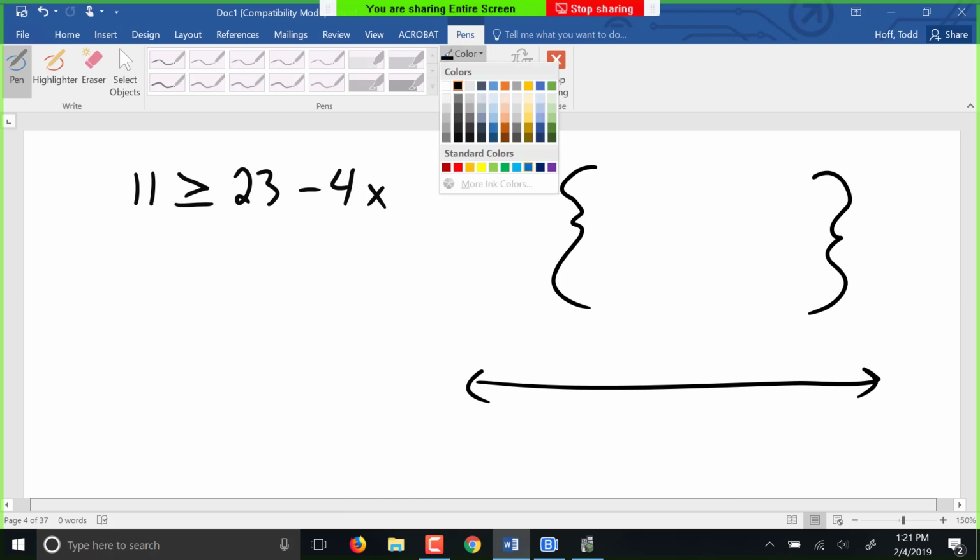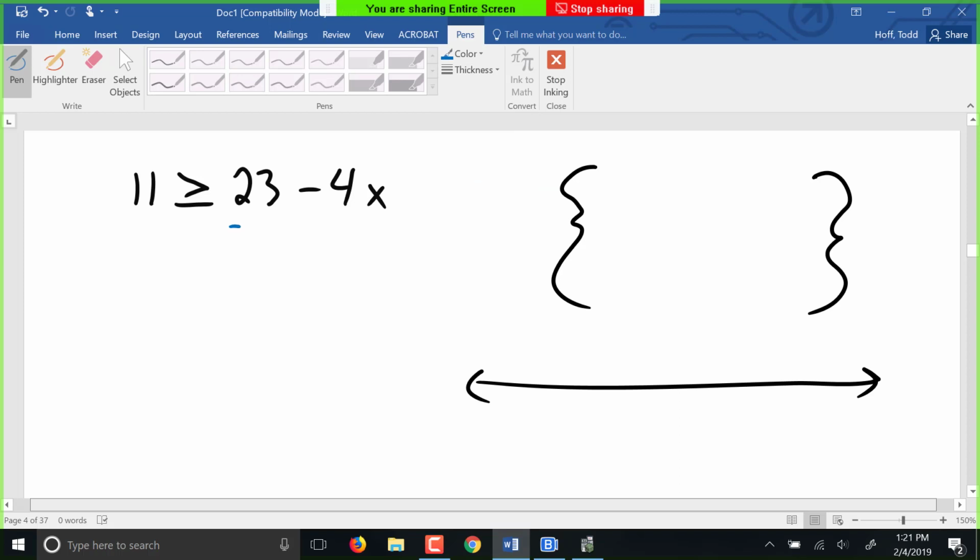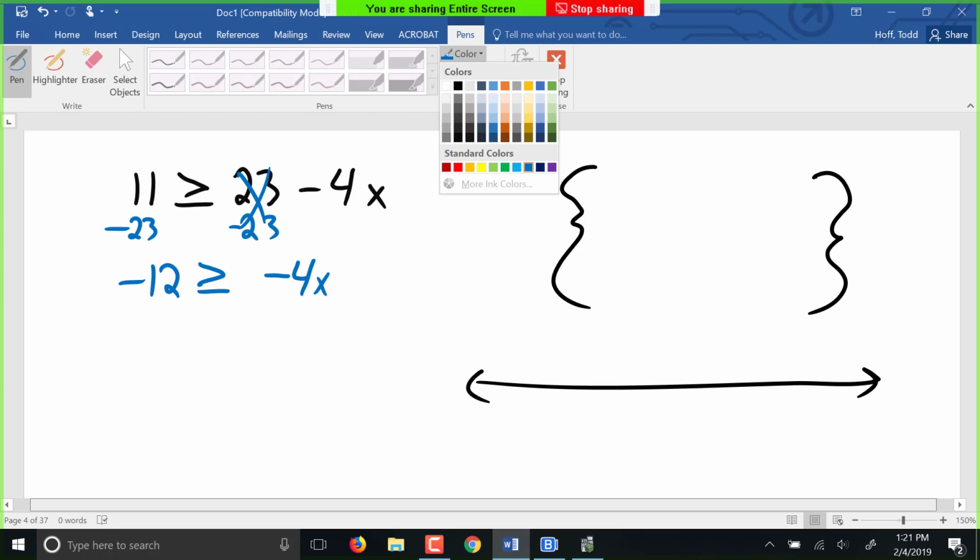So to solve this, what's our first step? Perfect. We'll subtract 23. What's that going to give us? -12 greater than or equal to -4x. Good. That 23 is gone.